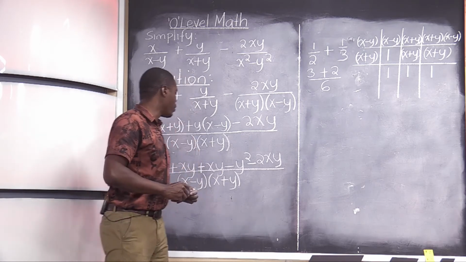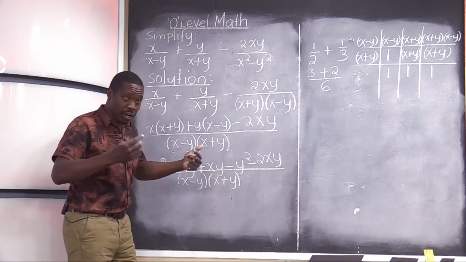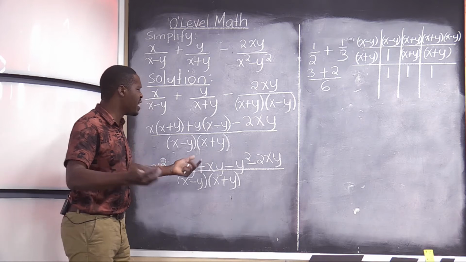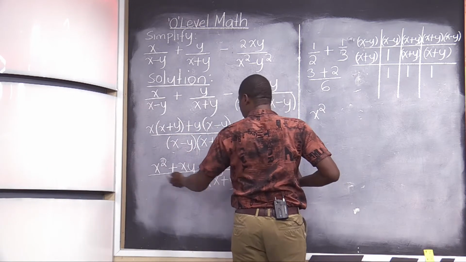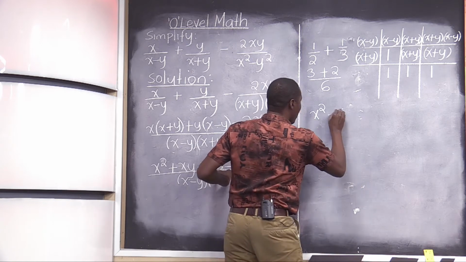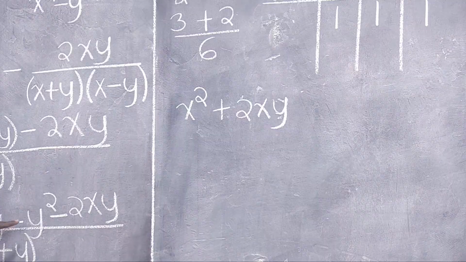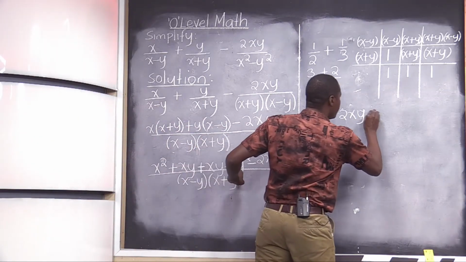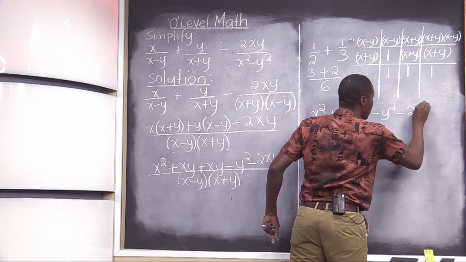So what are we trying to say? Xy plus xy will already give you a 2xy. It's fine, Mr. Examiner, sir. We are now having x squared, xy plus xy, we are having a 2xy. Now we are having minus y squared, then minus 2xy.